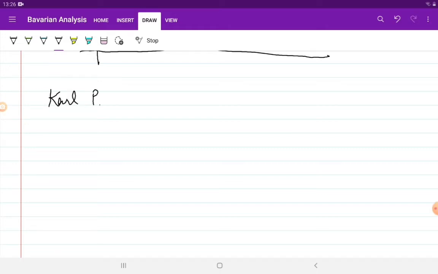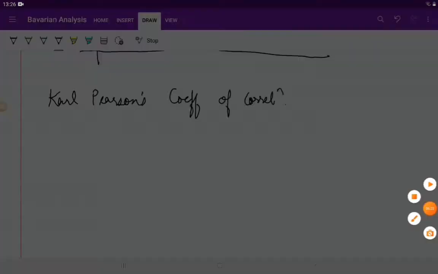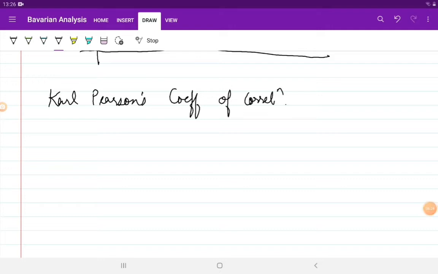Karl-Pearson's correlation coefficient or coefficient of correlation. The coefficient of correlation, as given by Karl-Pearson, is generally denoted by r.